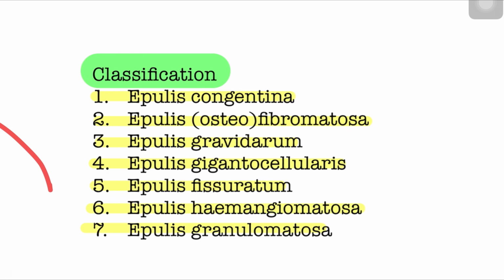So congentina is in infants. Okay, it arises in infants and kids. Fibromatosa is because of trauma. I'll say what kind of trauma, not like getting hit in the face. Gravidarum is in pregnancy. And also this one, it arises from blood vessels.